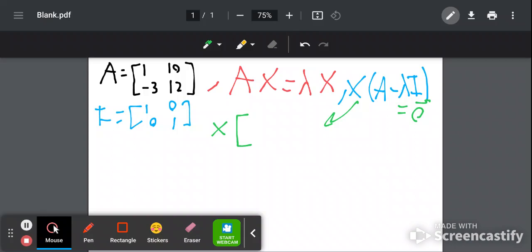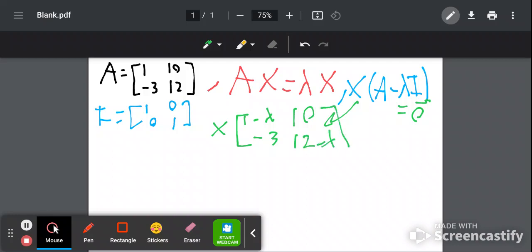So it becomes 1 minus lambda times 1, so 1 minus lambda, and then 10 minus lambda times 0, so just 10. Then negative 3 minus lambda times 0, so negative 3, and then 12 minus lambda.